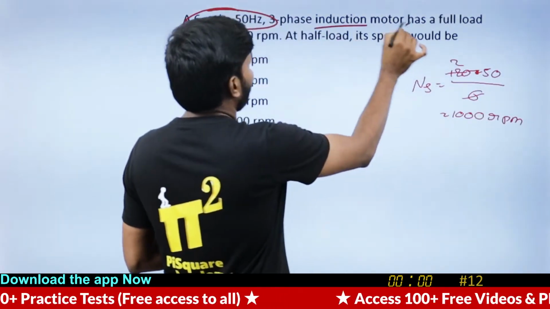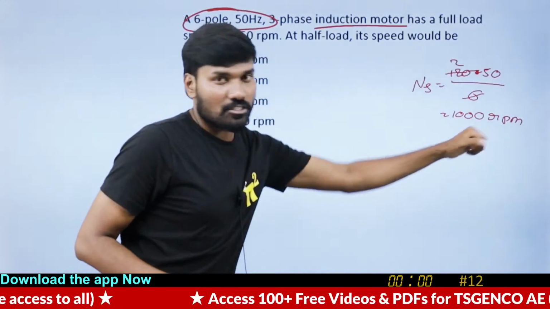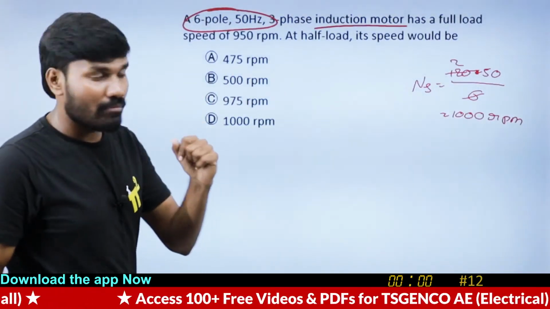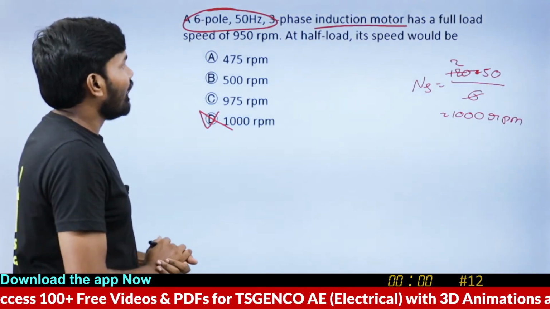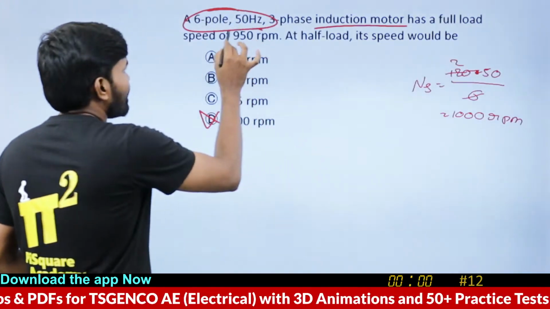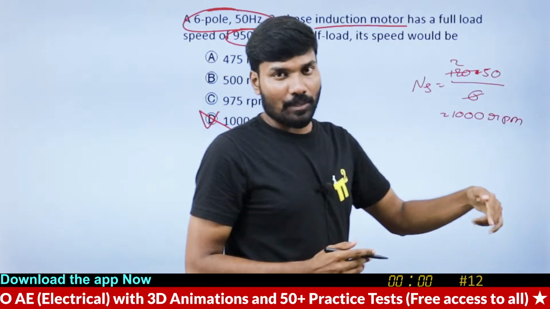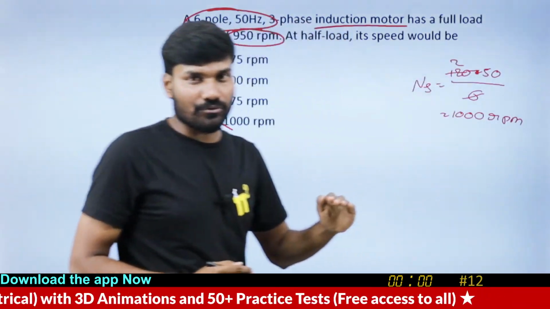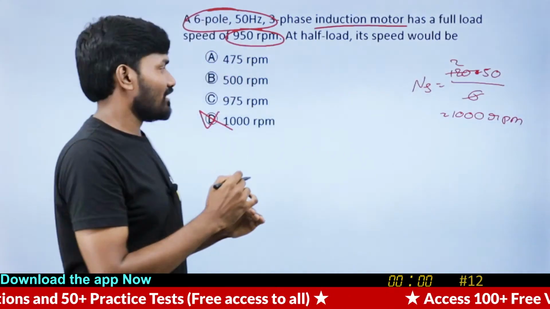Now it's an induction motor. We know an induction motor will never operate at synchronous speed. So if you had to eliminate one option, you will eliminate this one. At full load, it is 950. At half full load, the load is reduced, so speed will increase.